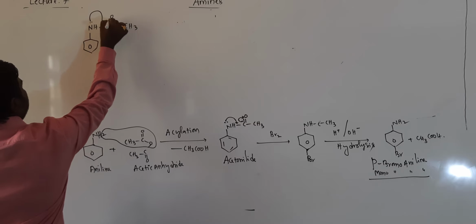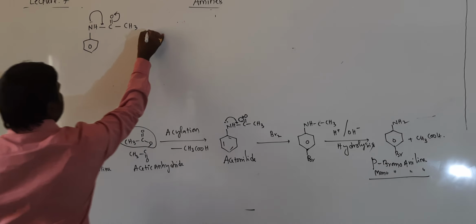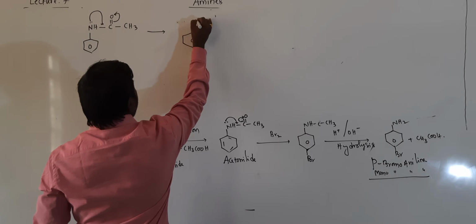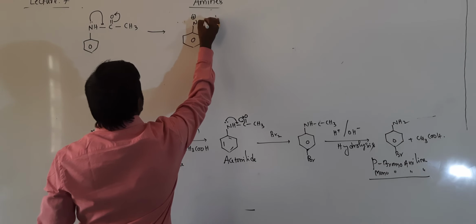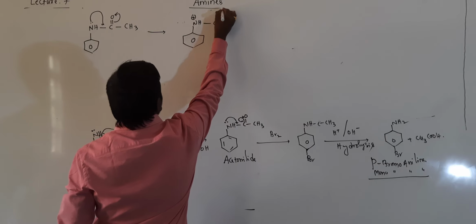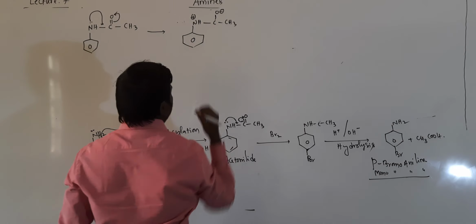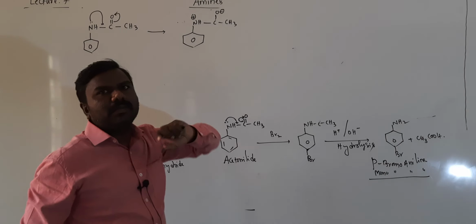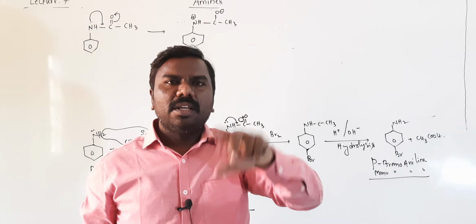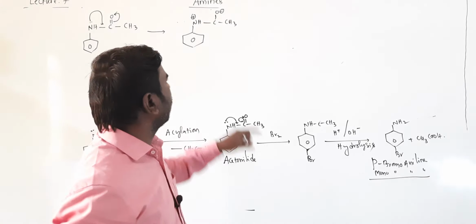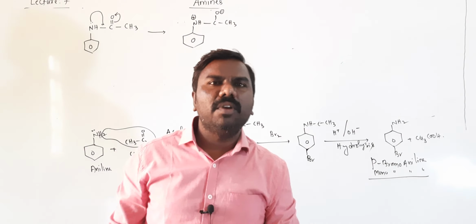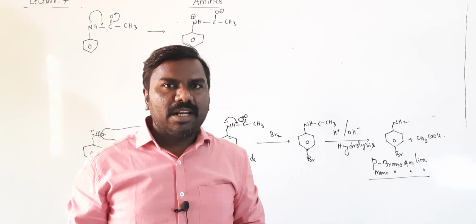These electrons shifted here, these will be shifted here. Then on the nitrogen atom, nitrogen is losing electrons, that's why plus, and it is O minus and CH3. On the nitrogen atom positive charge means less electron density, that's why it cannot donate electrons to the benzene ring, then the benzene ring will not be activated.